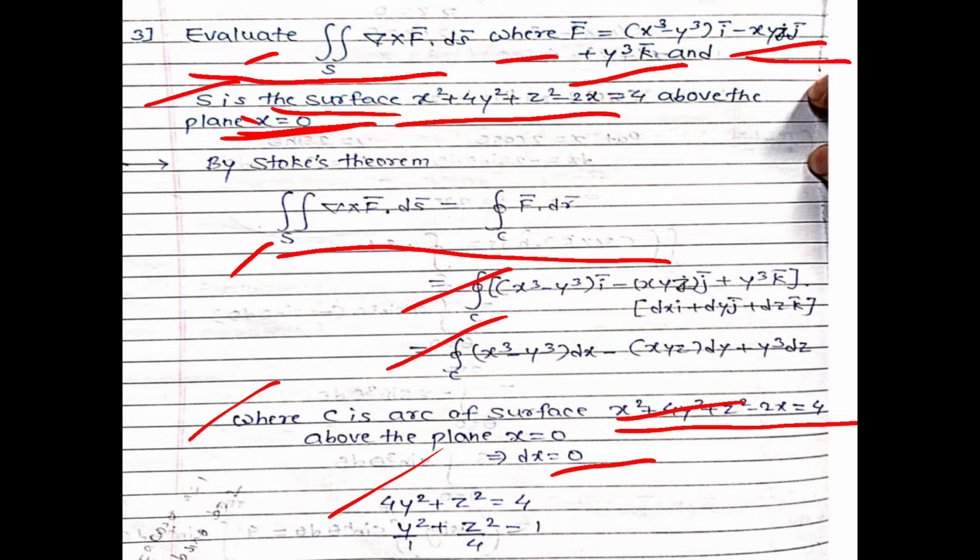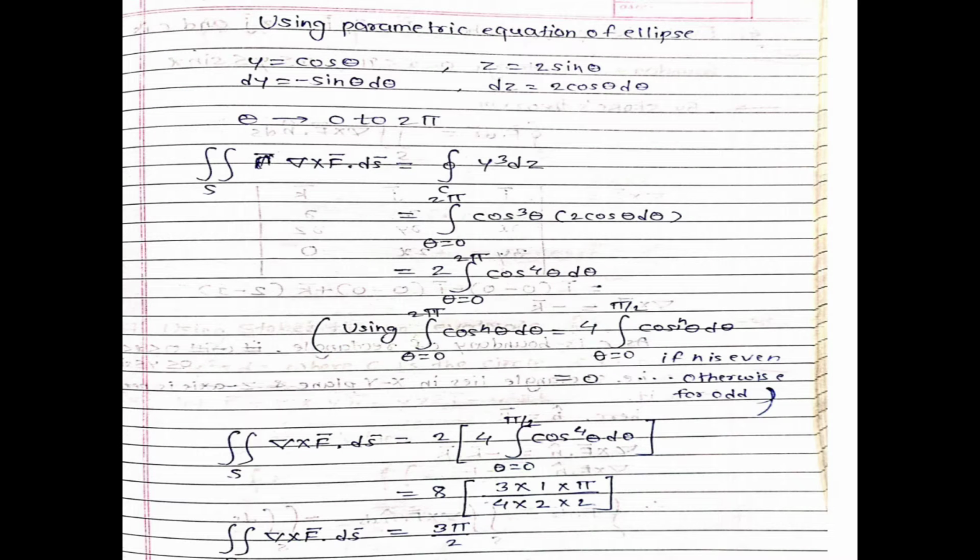Now dividing throughout by 4, we will get y square by 1 plus z square by 4 is equal to 1. This is nothing but the equation of an ellipse.